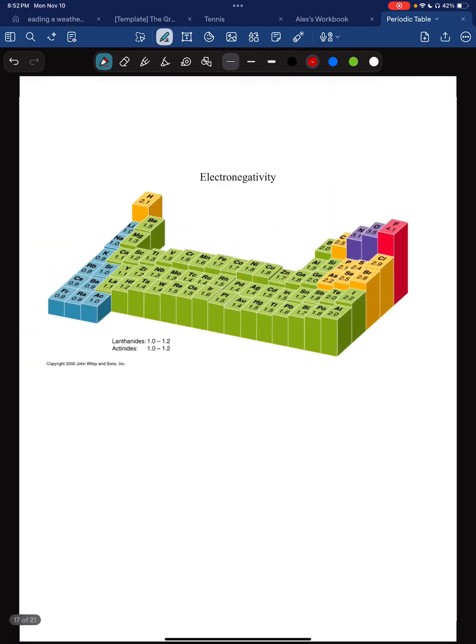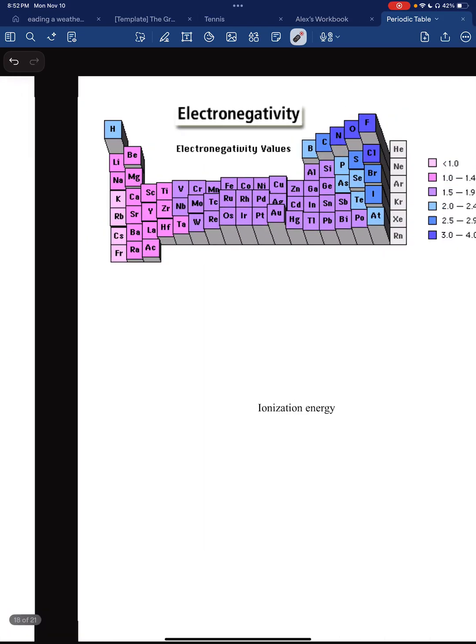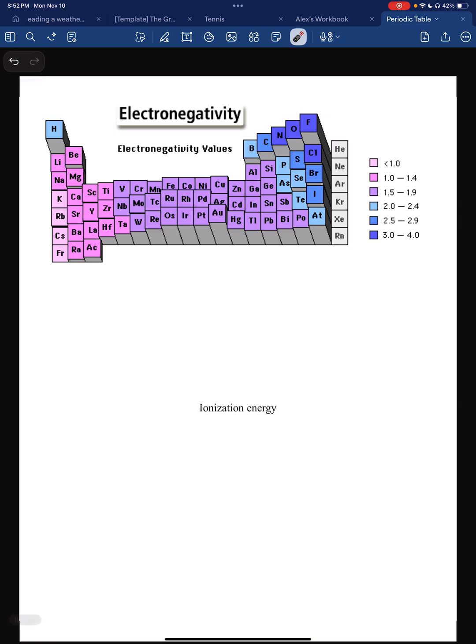The difference between these two is that this one has number values. So think of fluorine, which is this bright red one over here, at 4.1, as being that many times more likely to take an electron than these guys over here at 0.9. This one is the same thing, but now we have this column right here, our noble gases, and we'll get into that in a moment.